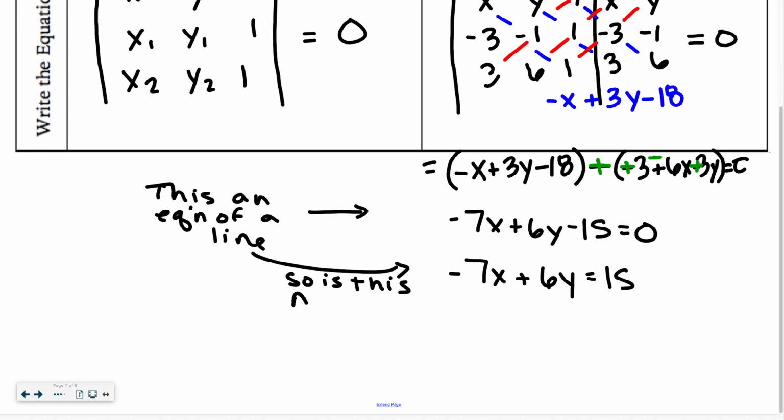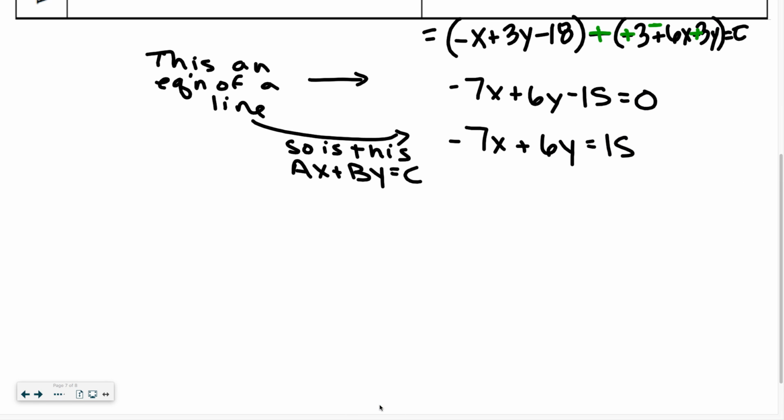This one is ax plus by equals c. You remember doing that with linear programming, like what's the x-intercept, what's the y-intercept? So that would be easy for us to graph then. And if you wanted to, you could solve for it in slope-intercept form, couldn't you? So if you wanted to solve for y, you could add the 7x.